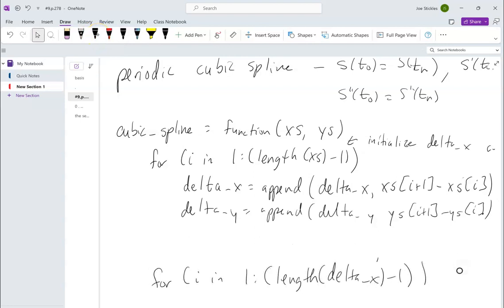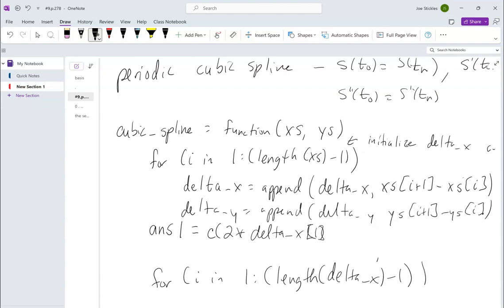We need to keep track of those intermediate numbers, whatever they happen to be. So I'm just going to give it a name of answer 1, say. It doesn't matter what I call it. I just need to keep track of it, right? The first one, again, is 2 times delta x of 1.